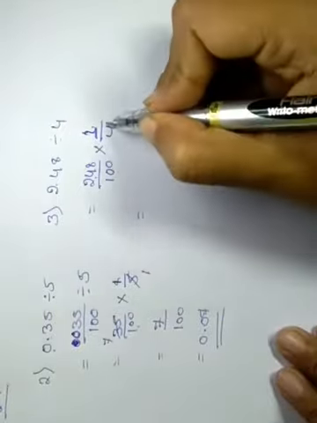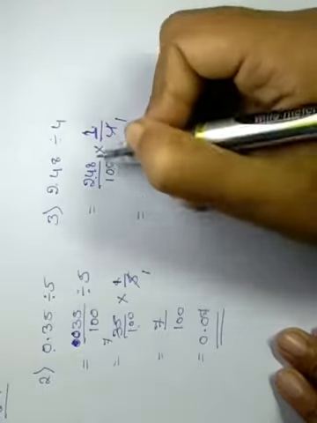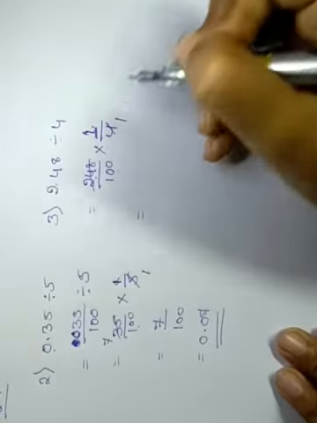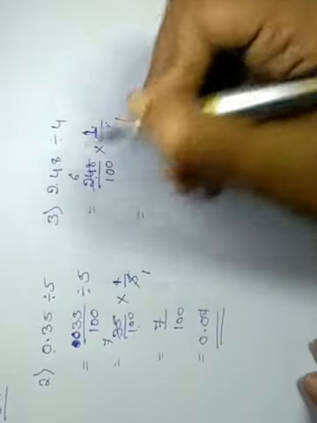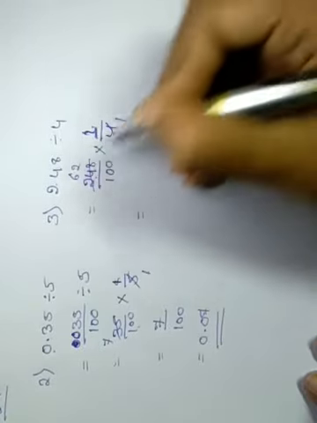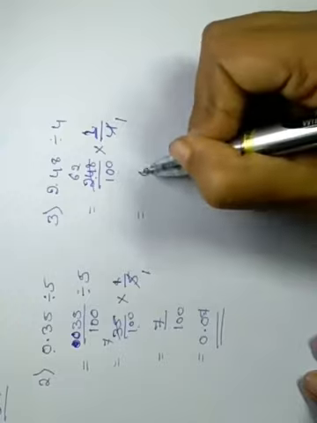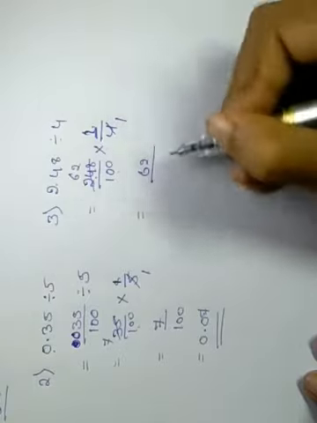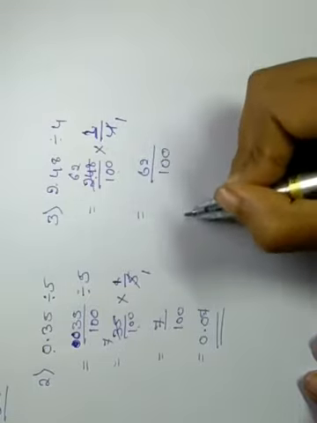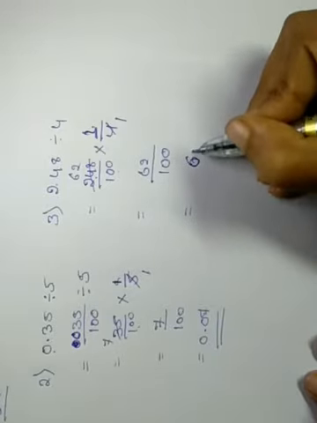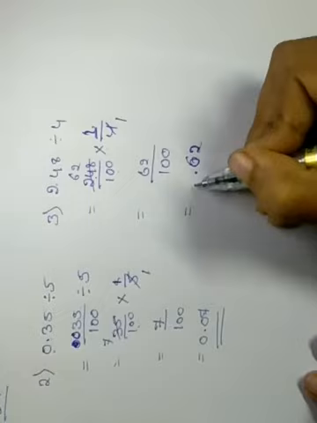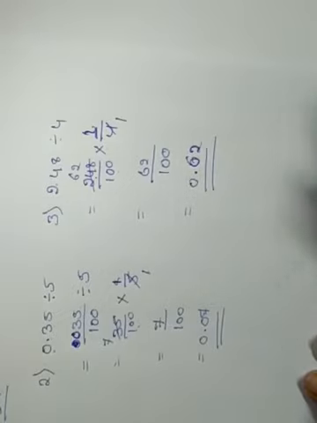Now we'll simplify it. 4 ones are 4. Again 4, how much are 24? 4 sixes are 24. Then 4 twos are 8. Now 62 ones are 62, divided by 100 ones are 100. We need to give the decimal point after 2 digits here. So this is the answer.